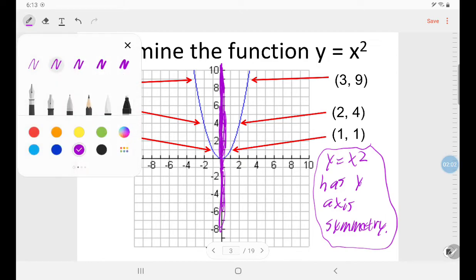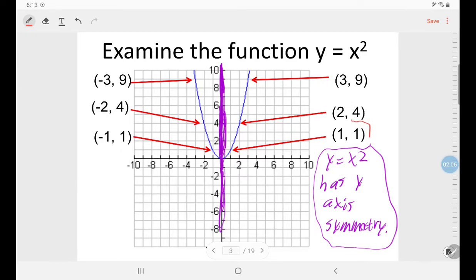Notice that in this particular graph, the graph of y equals x squared, which has that y-axis symmetry, contains the point 1, 1. Its reflection right over here contains the point -1, 1.